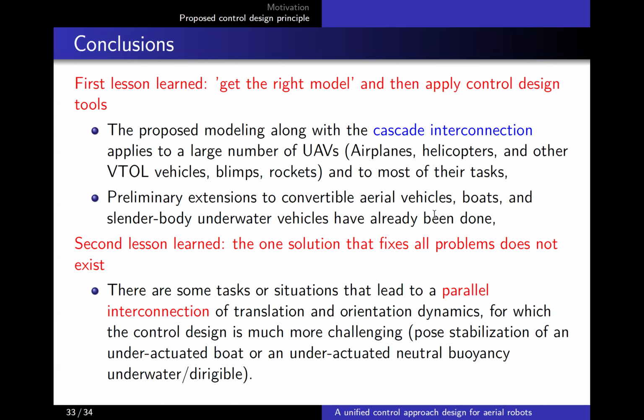But all of these things don't work when we don't have gravity. When we have a neutral submarine, this doesn't work because the force can cross zero, and you can't have a cascaded system. You should have 2 subsystems in parallel. It's like stabilizing a car, for instance, where the linearization is not controllable, and we have to do something else.